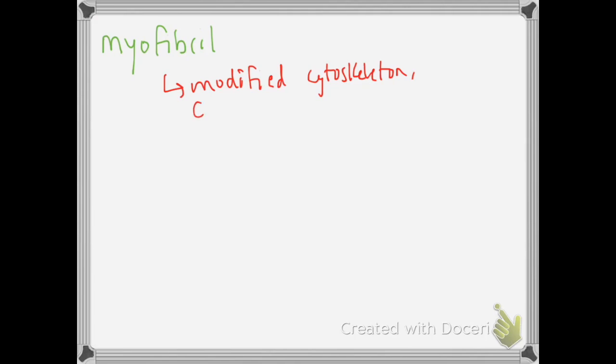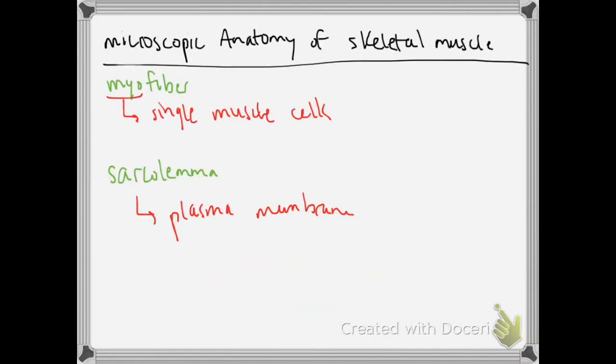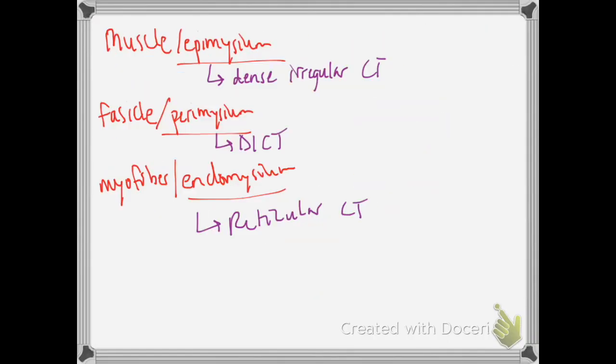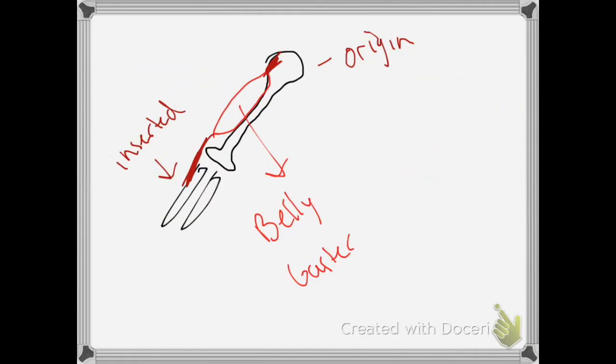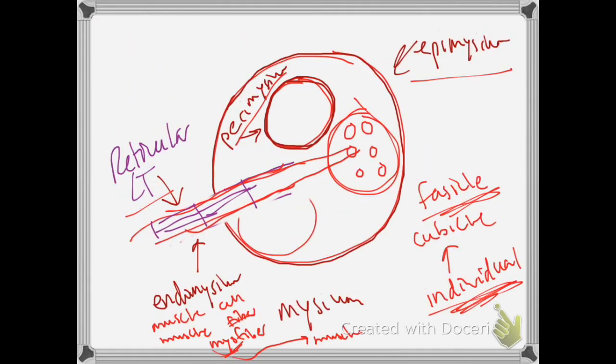And the myofibril is the actual thing that's going to be doing our contracting. This myofibril can then be broken up into smaller things called sarcomeres, which we'll get into in a little bit. I'm going to leave this as myofibril for now. But when we look at the picture I drew back here, we know that each skeletal muscle cell has hundreds or thousands of myofibrils.